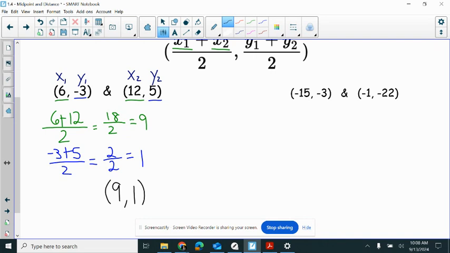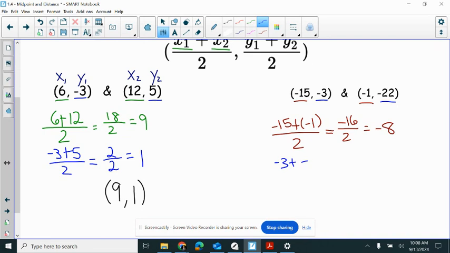Let's look at one more example. So first you add your x's together, -15 plus -1 divided by 2. Just add the top numbers, -16 divided by 2 equals -8. And you do the same thing for the y's. -3 plus -22 divided by 2.